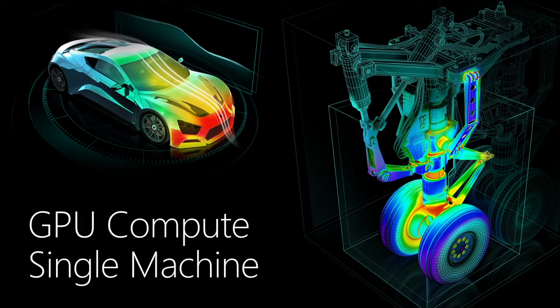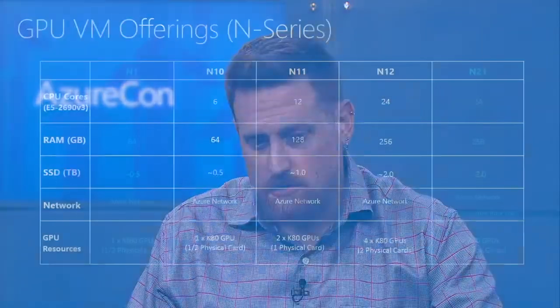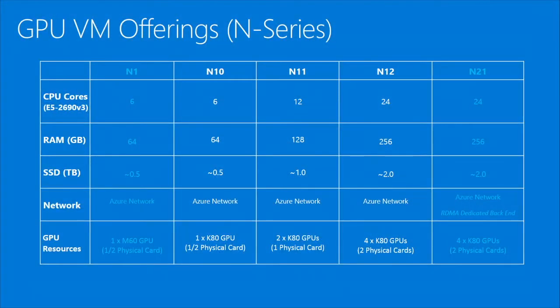Now we're going to move on to the next type of virtual machine that we'll be offering with our N series, which deals with the need for single machine GPU compute. You can see we have 3 different offerings, each with varying degrees of compute cores and memory, up to 256 gigs of DDR4 RAM and up to 2 terabytes of SSD.